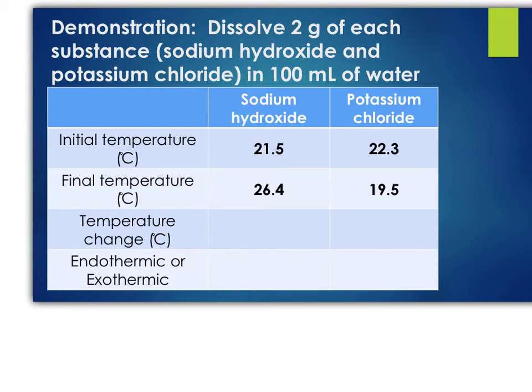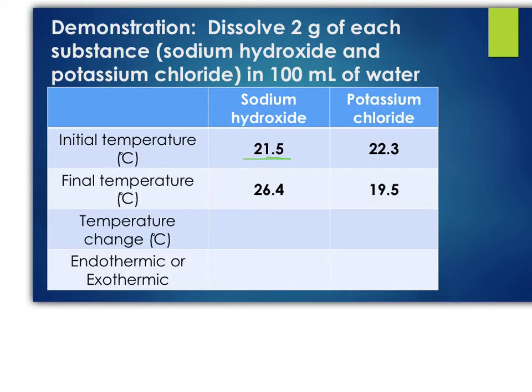Okay, so here now is a demonstration that I did in class, and I have some results that we got. Dissolved approximately 2 grams of each of the following substances in approximately 100 milliliters of water. We dissolved sodium hydroxide first. The initial temperature of the water was 21.5 degrees Celsius.